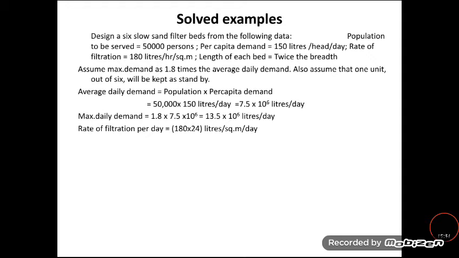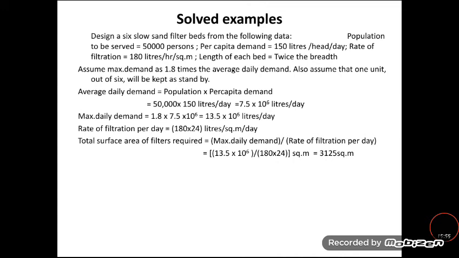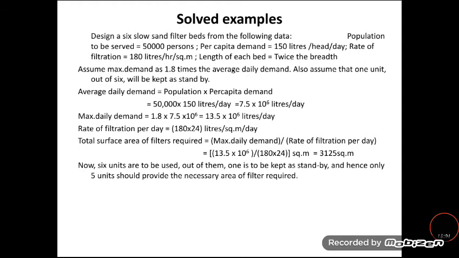It should be multiplied by 24 to get the value in terms of liter per square meter per day, because it is given in hours, so to get the value per day, it is multiplied by 24. The total surface area of the filter required is the maximum daily demand divided by the rate of filtration per day. By substituting the values, we will get the answer in terms of square meter.